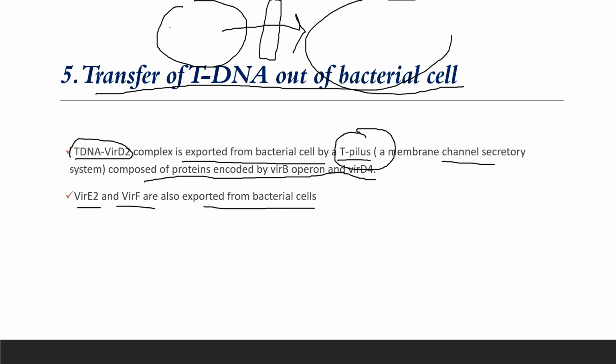So most of the vir genes products which are present in the Agrobacterium are transported from the Agrobacterium to the plant cells, so that the localization or the integration of the tDNA is done easily in the plant genome. So along with that, VirE2 and VirF are also exported from the bacterial cells.